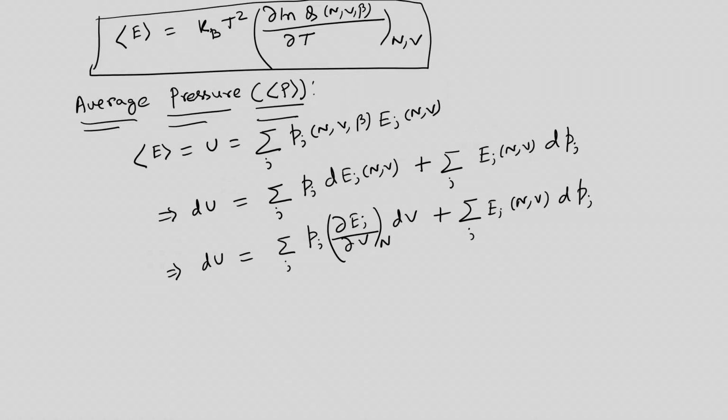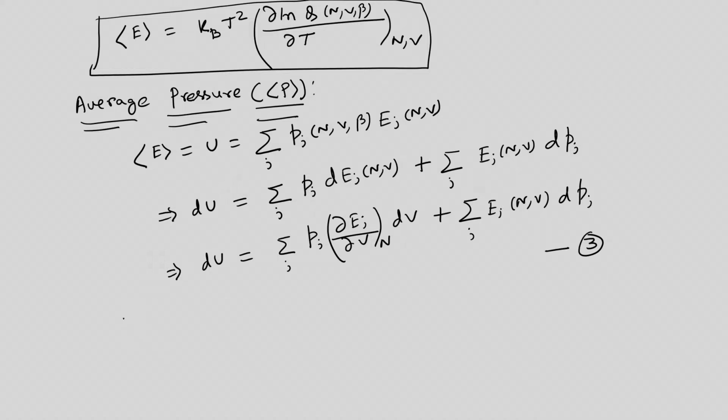Suppose this is our expression number 3. Here in expression 3 we have sum over j Pj del Ej by del V at constant N, since Ej is a function of N and V, we are differentiating with respect to V keeping N constant, times dV, and sum over j Ej times dPj.